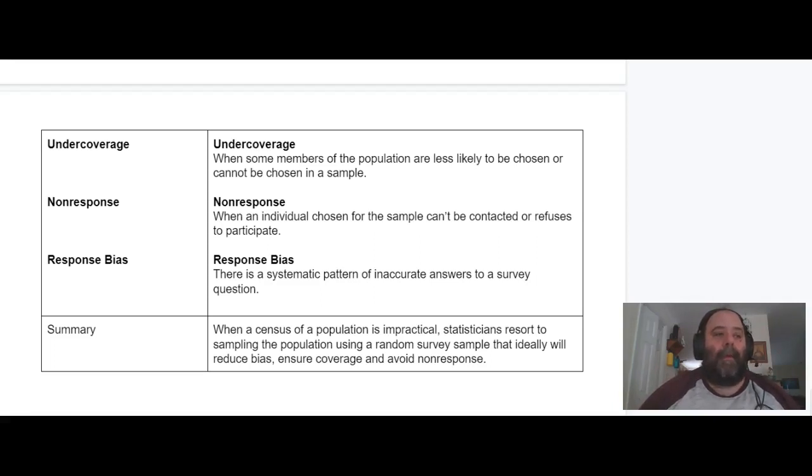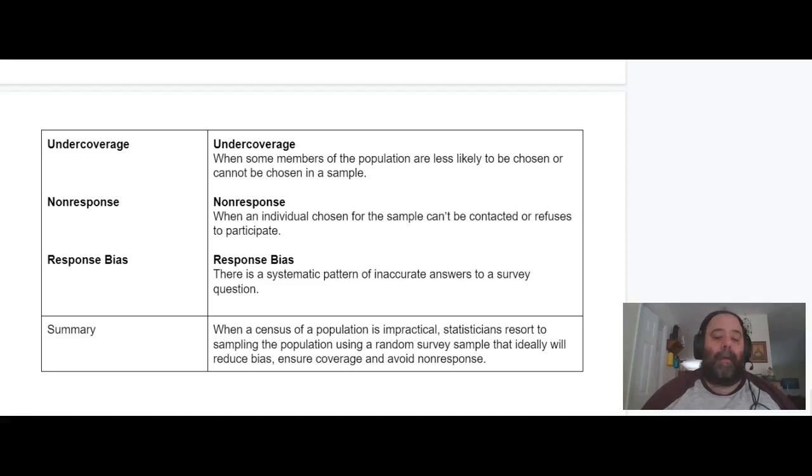And then I end up with undercoverage that's systematic. People who are housing insecure might be harder to reach, or people who are working during the day might be harder to reach than people who are at home during the day. So this would cause some sense of undercoverage in my sample.